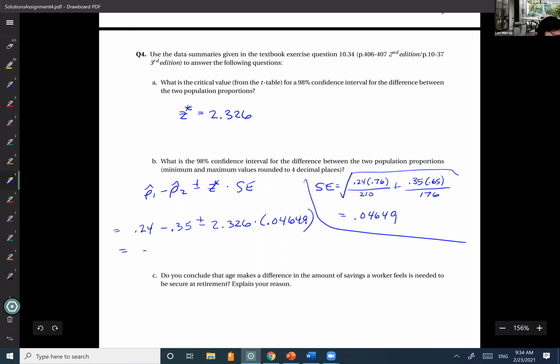That ends up being negative 0.11 plus or minus 0.10814. And we need a minimum. So that's going to equal negative 0.21814. Remember, these are proportions.